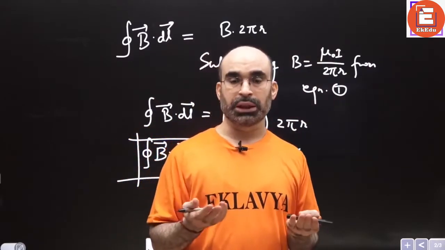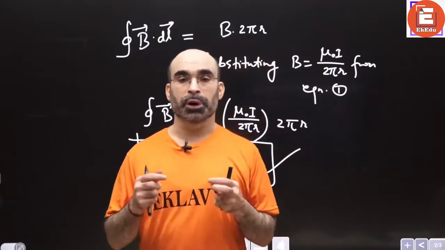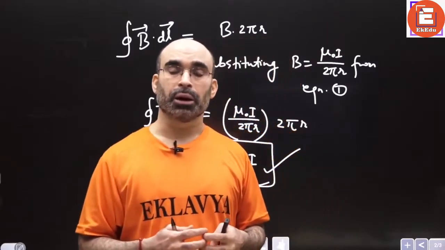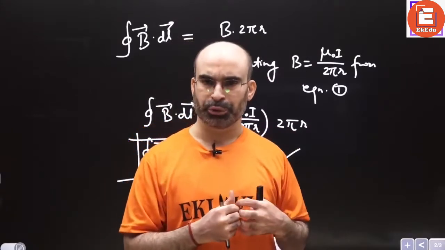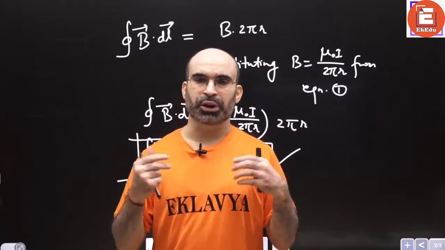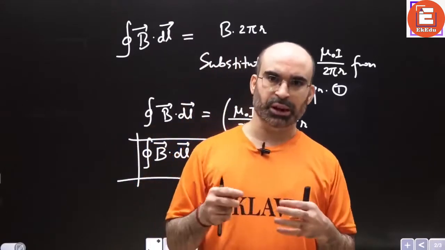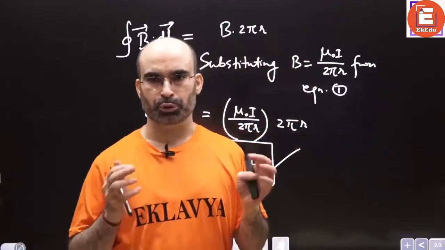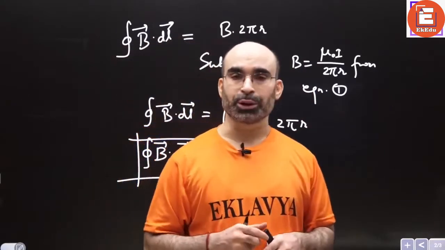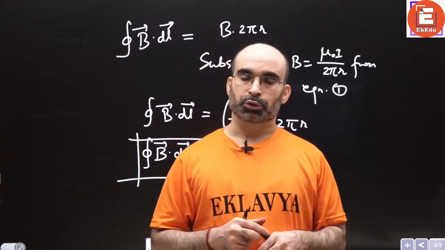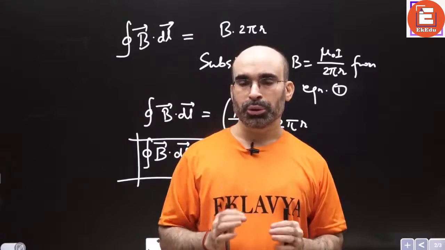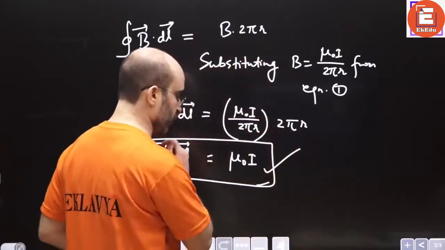We have already done Biot-Savart law, and we have found the magnetic field due to various systems, various types of current, circular current, straight current, square loop. There are so many loops we talked about. Now why is this going to be so important? So let us discuss where we are going to use this result.